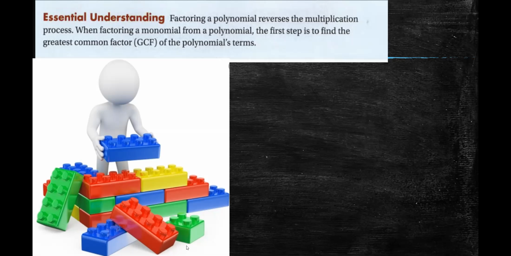Now if you have a monomial and we multiply them by each other, you gather them and make them in one shape, in one polynomial. I mean, you have a monomial, you multiply it with a trinomial, and we make them in one shape. The meaning of factoring is the reverse of multiplication.